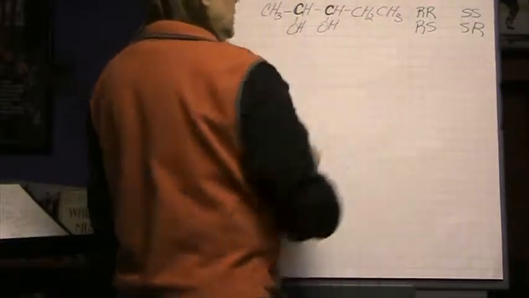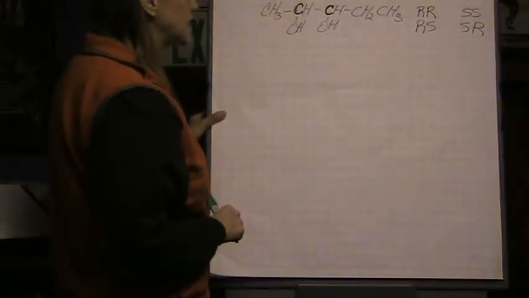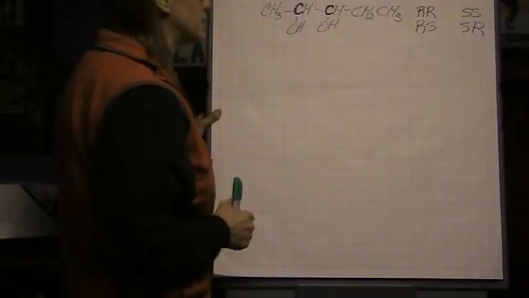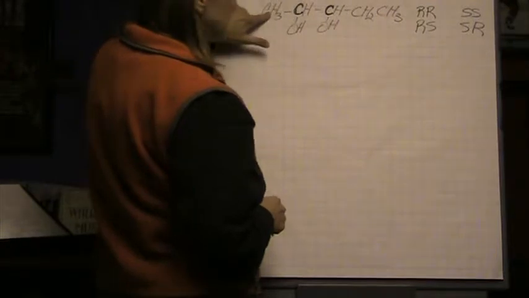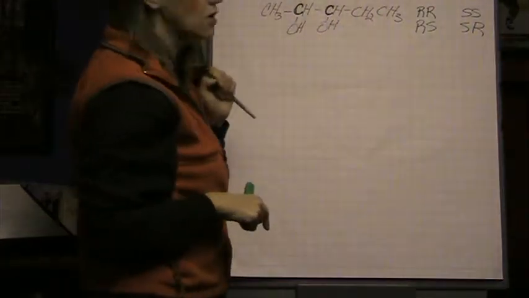Are these two equal in a meso? And to check that out, we see, do they have the same 4 attachments? And it's pretty obvious right away that they don't. They both have H and OH, but this has a CH3 and this has an ethyl group. So we're toast. We got to draw 4.